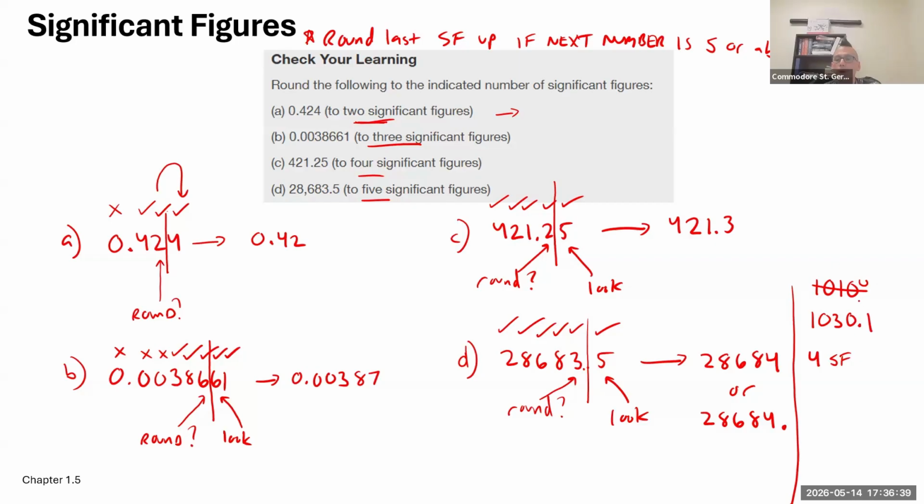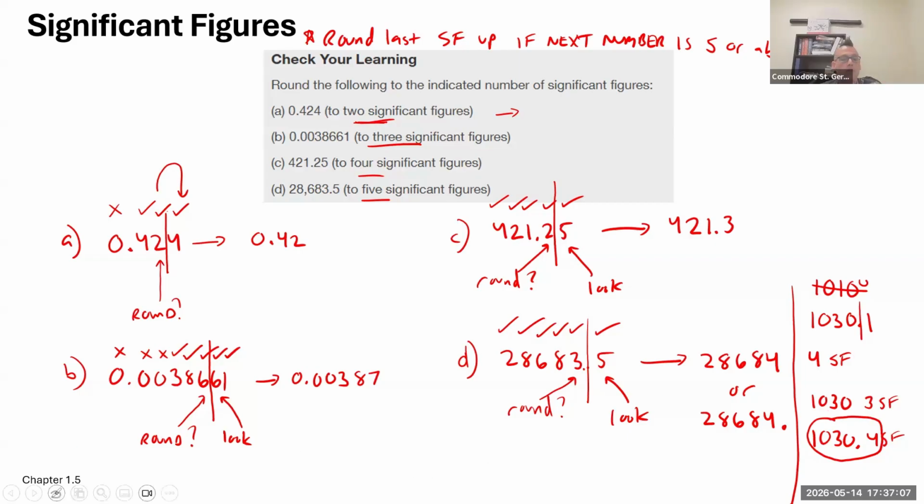Well, we cut it off here, but we can't report it as 1030 because that is 3 sig figs. We would have to keep the decimal there to show that it's 4 sig figs, right? So you want to make sure that you're doing things appropriately, and sometimes you have to leave that decimal in, even though it looks weird, right?